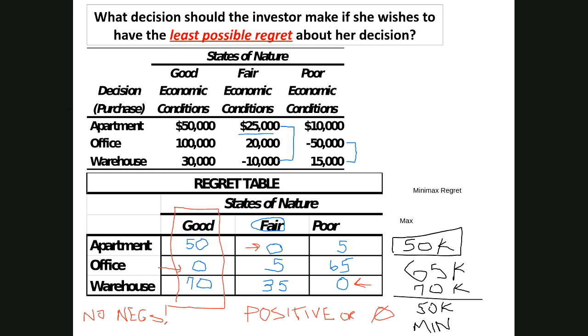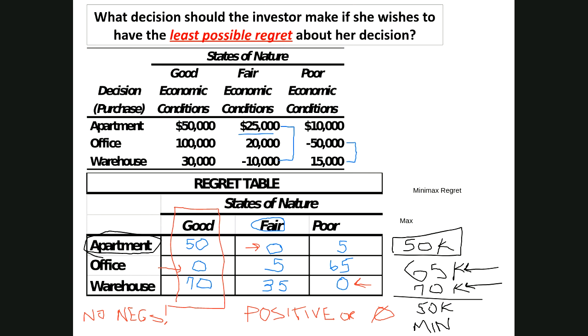But by choosing 50,000 and investing in the apartment, we know that we will not regret that decision by more than 50,000. Whereas if we had invested in the office, we could have had 65,000, or if we invested in the warehouse, we could have had 70,000 of regret.